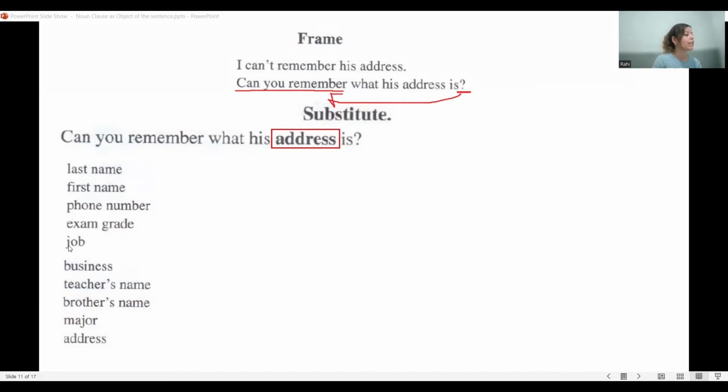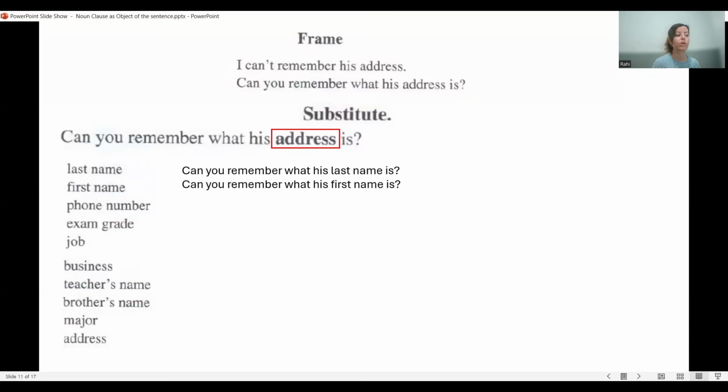Okay. Now change address. Can you remember what his address is? Last name. This one is so easy. Just replace address. Can you remember what his last name is? First name. Just say the sentence out loud. Get used to it.